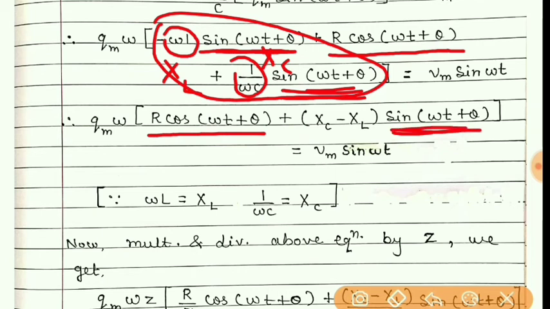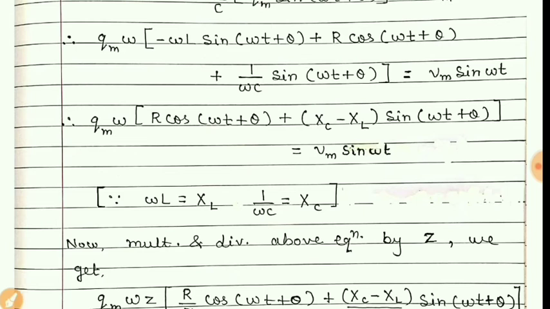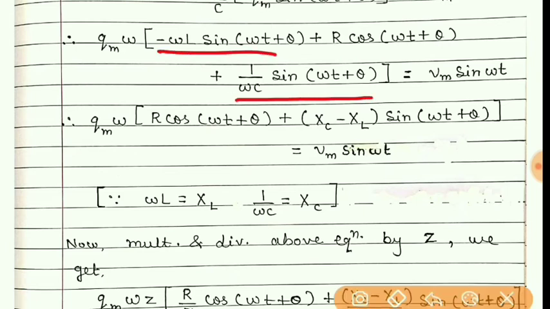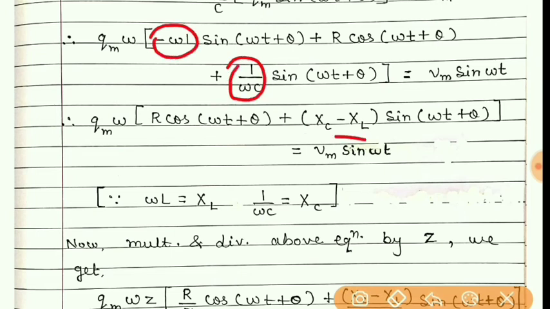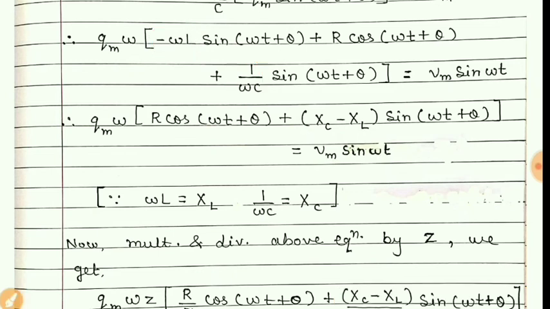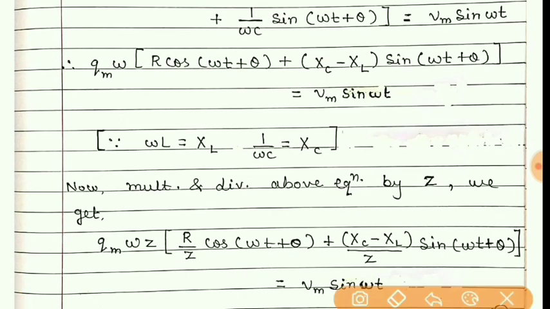What remains? XC minus XL. And on the right hand side, it is the same. I have mentioned here that omega L is XL and 1 upon omega C is XC.